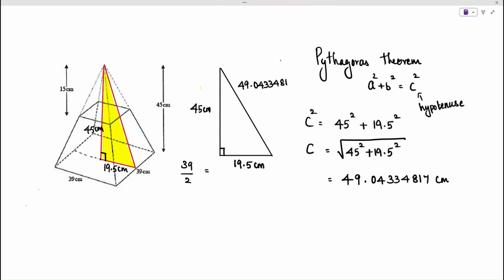We can now find the area of it by using our equation for the area of a triangle: half times base times height. So we have our height as the value given in our calculator, 49.04, multiplied by our base, which is 39 centimeters. This is for the big triangle, remember, so we take the entire length of the square base.